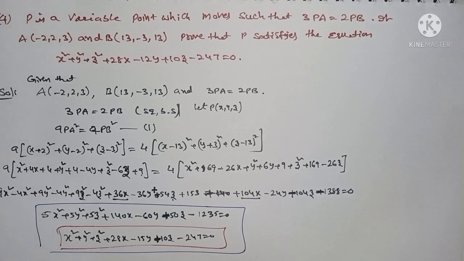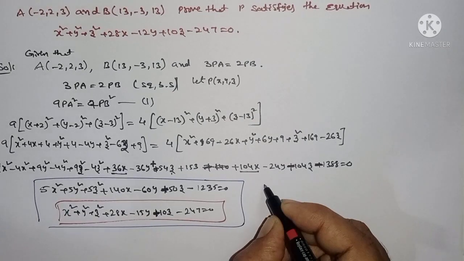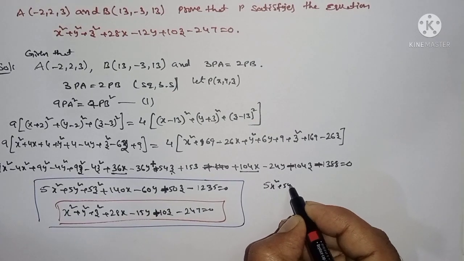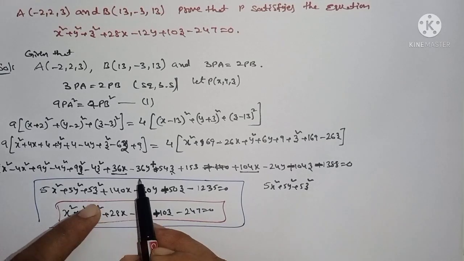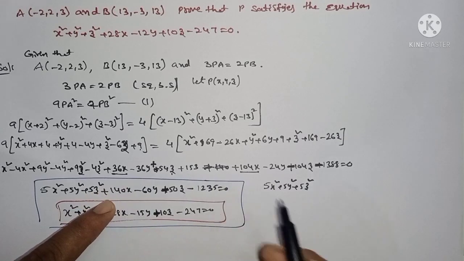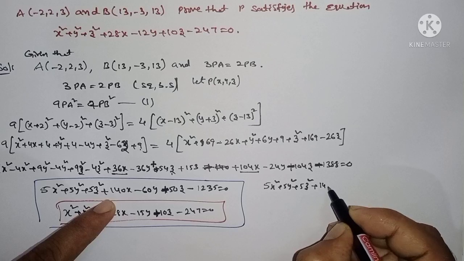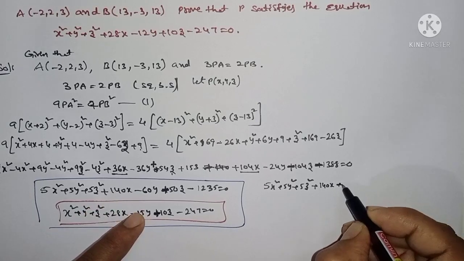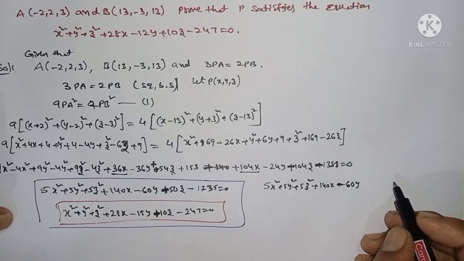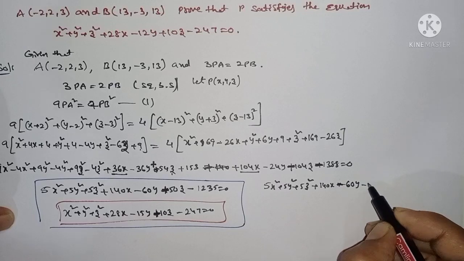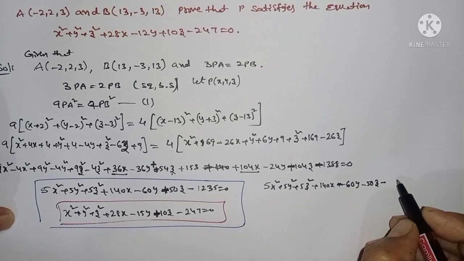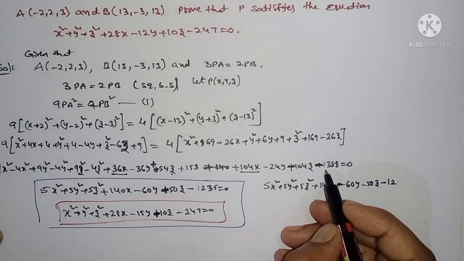Observe here, this is 5x square only. First is 5x square plus 5y square plus 5z square, and the x term you can write here is plus 140x, and the y term is minus 60y, and the z term is plus 54 minus 104, which means you can write here minus 50z, minus 1388.